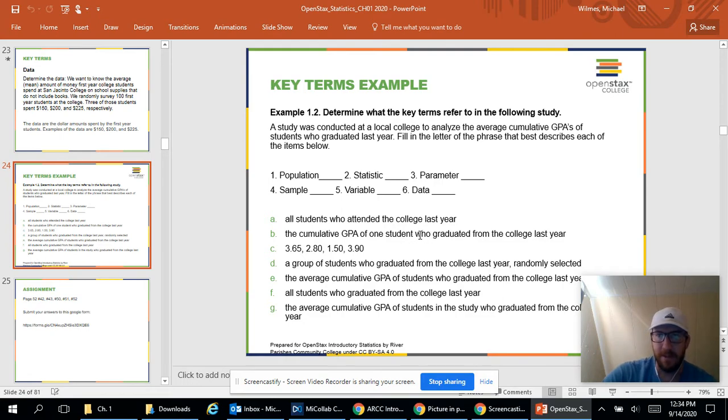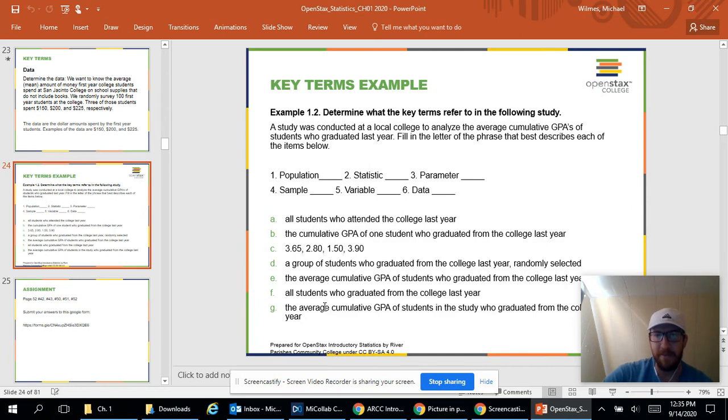Okay, so that seems good, but this was a study conducted on a group of students who graduated. So that's from the whole college. Let's see if there's one more specific that will talk about the group of students. Group of students who graduated from the college last year, randomly selected. Okay, that's good, but it doesn't talk about the GPAs. The average cumulative GPA of students who graduated from the college last year. Okay, well, that's what we're trying to figure out.